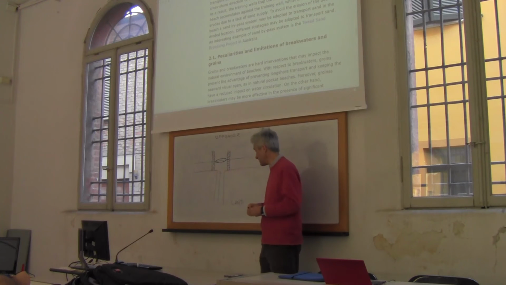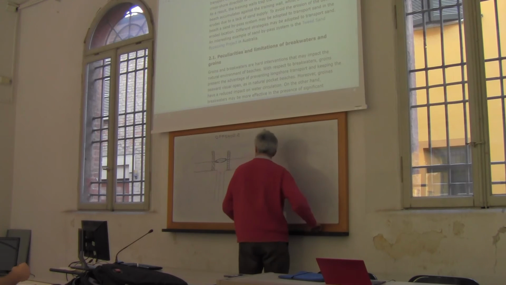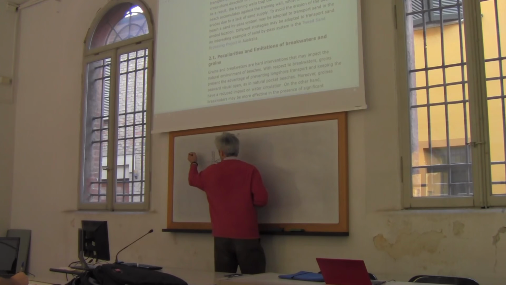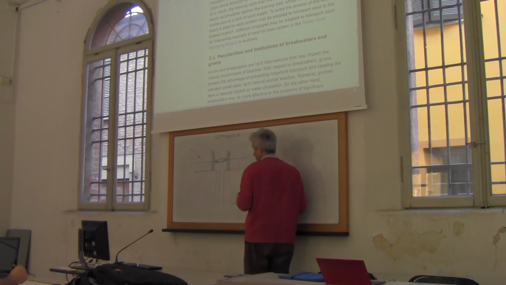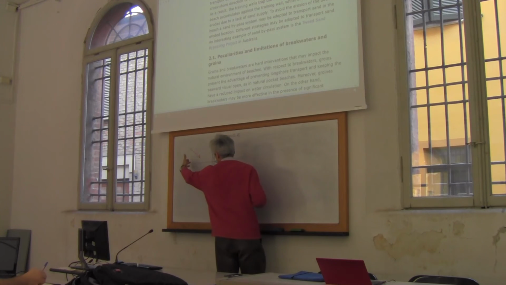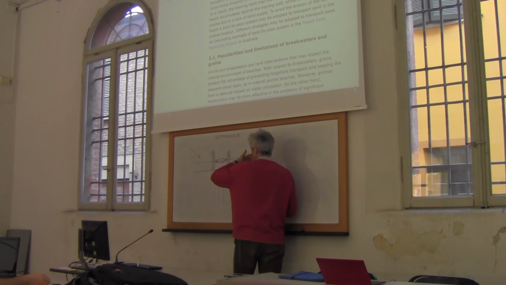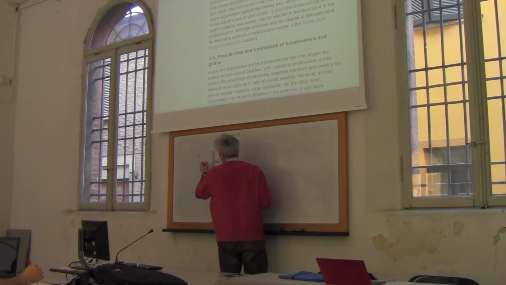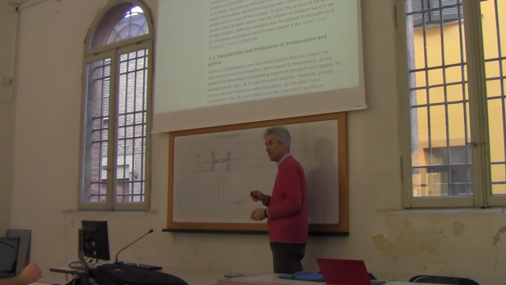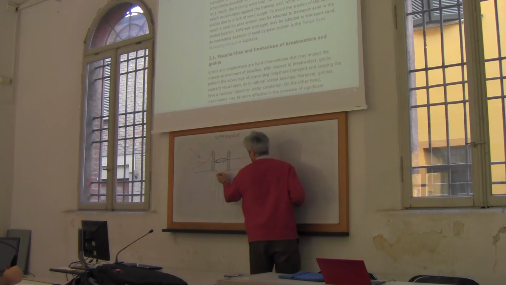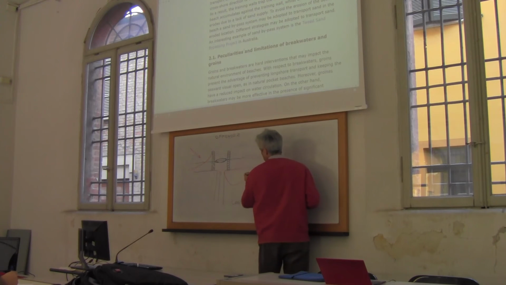So if you have a direction of propagation of waves like this, you have a flow of sediment from the left to the right. And you have deposition of sediment here, accretion of the beach here, and erosion here.